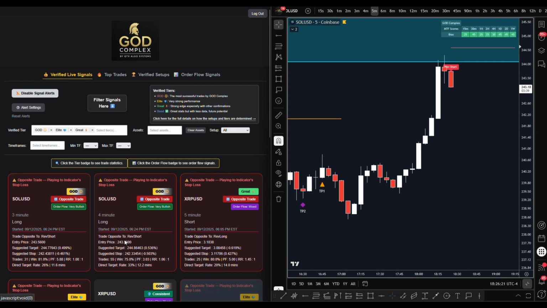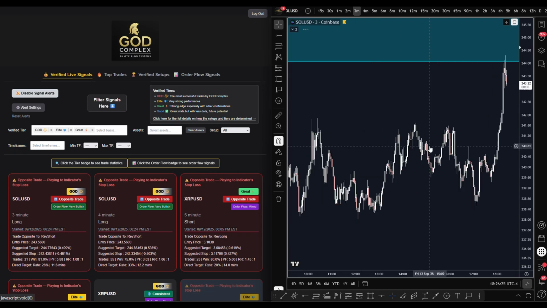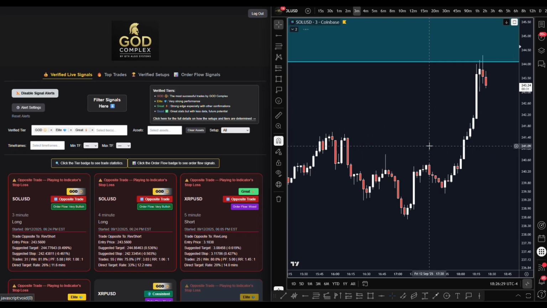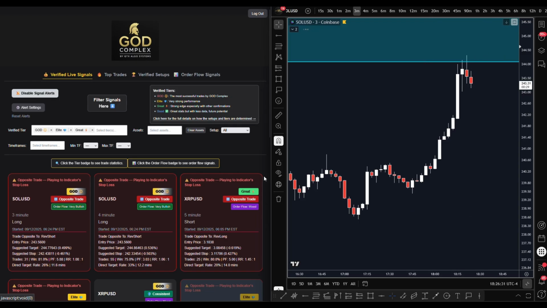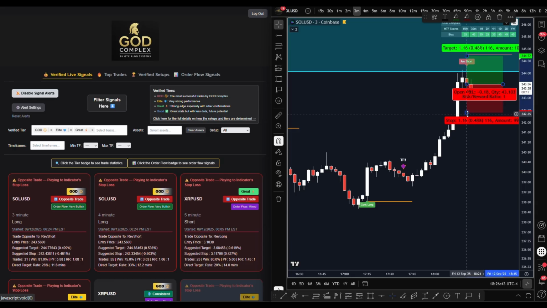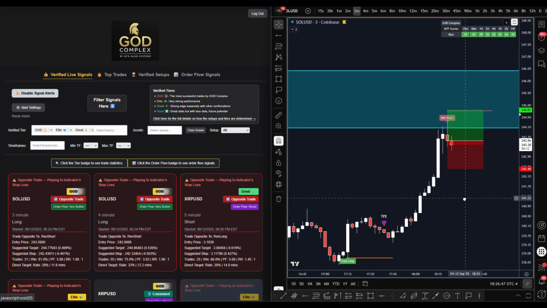So the thing with trading is anything can happen at any time. And this is where other analysis comes in too, because although we have a great level of win rate and order flow, I do my own analysis to determine high time frame confluent levels of support and resistance.